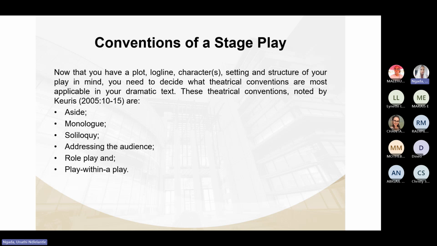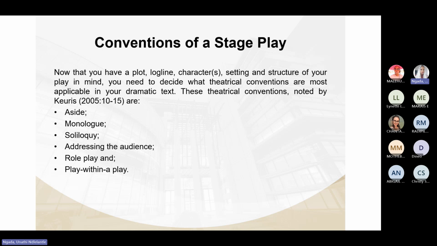So some very common conventions are the use of aside, the use of monologue, soliloquy, directly addressing the audience, the role play, and a play within a play.